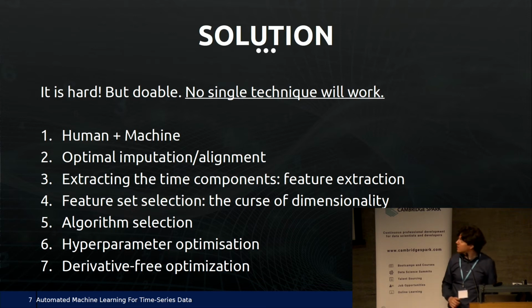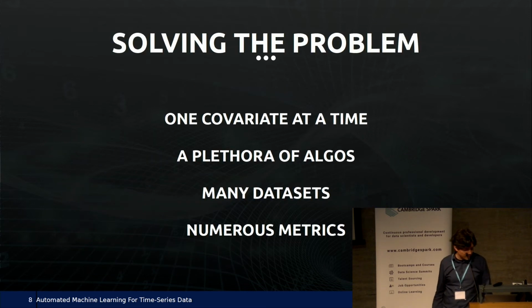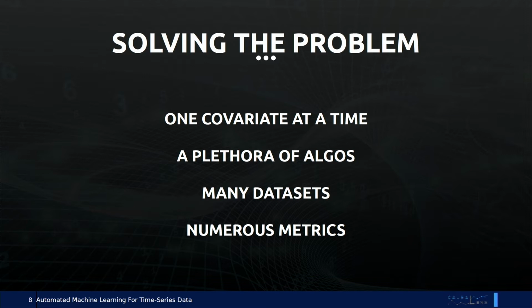I'll show you a few plots just to get you an idea that it does work. When we did this analysis, we applied it to a number of data sets and metrics, and we tried to vary one step in that pipeline at a time. So one covariate at a time, we try to see, does it help or not?